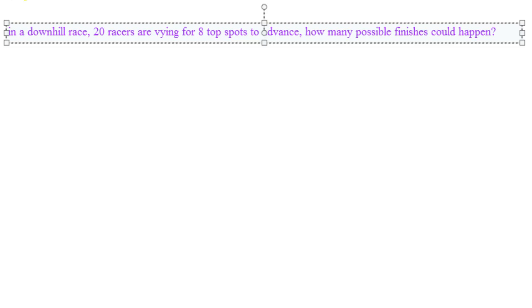In a downhill race, 20 racers are vying for the top 8 spots to advance. How many possible finishes could happen? You want to be able to think about this. Notice I left out all possible clues as to how this works.